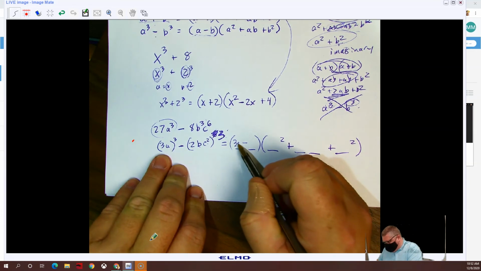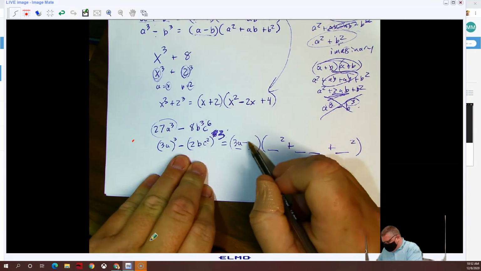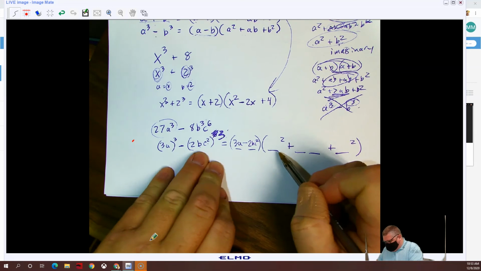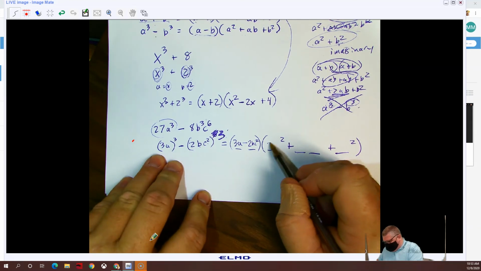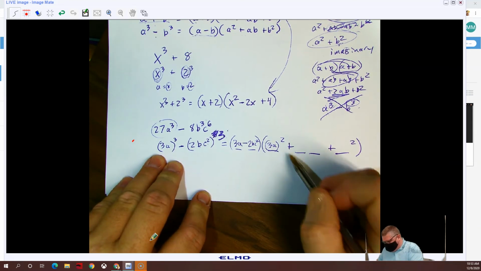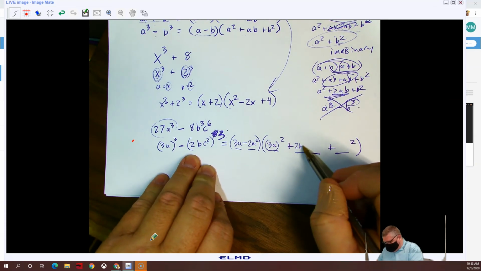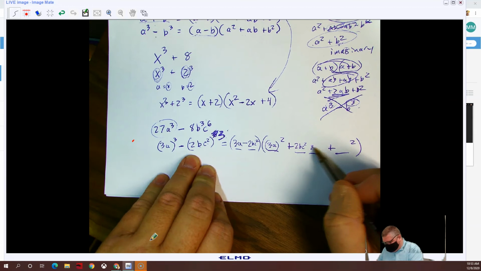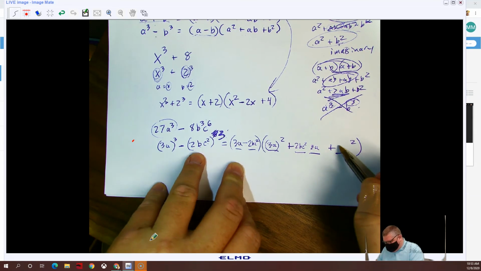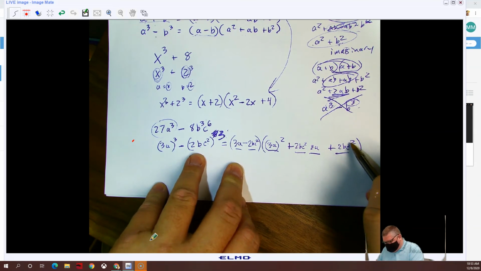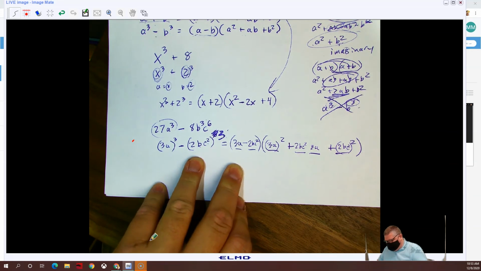Well, 3a is the cube root, 2bc squared. So then I'm going to get 3a, and don't forget, we'll square that in a minute, plus 2bc squared times 3a with a 2bc squared squared.